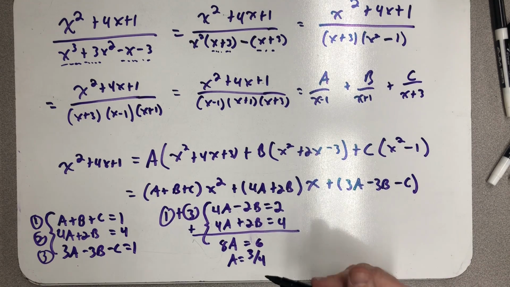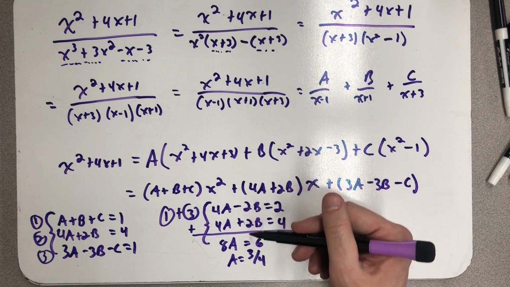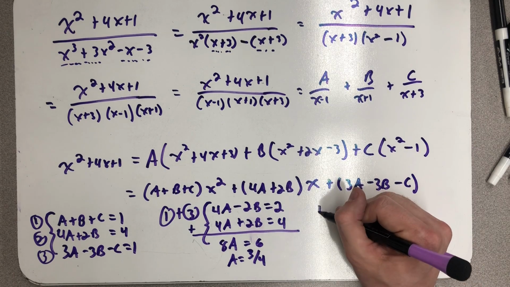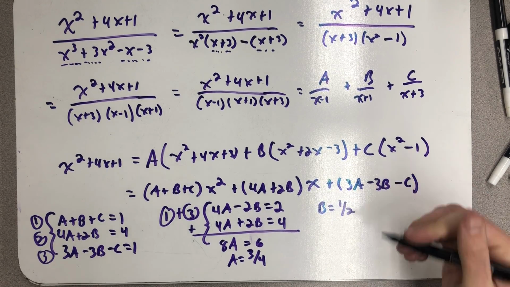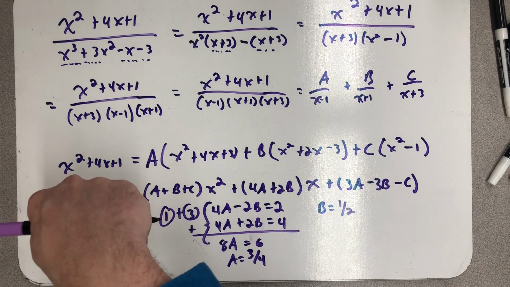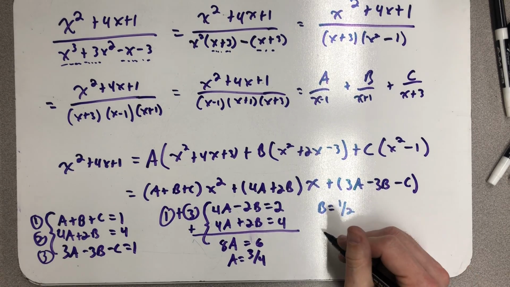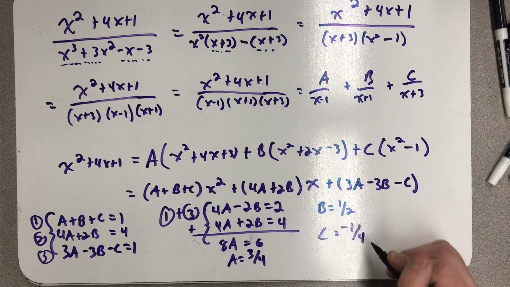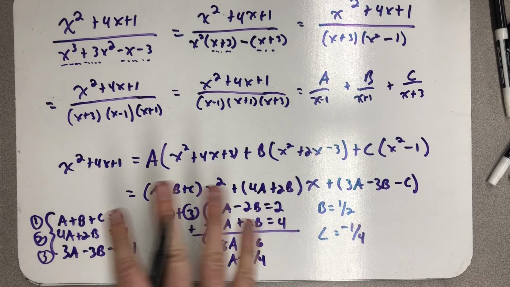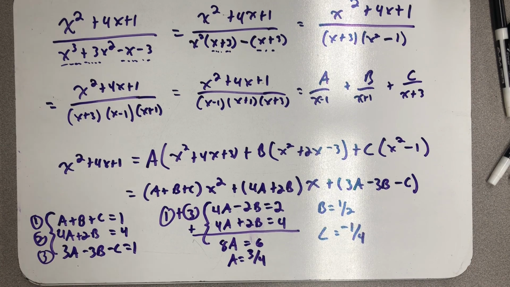Now that I know what A is, I can plug it back into either one of these equations to find B. And very quickly, you would find that B is equal to 1/2. Having values for A and B, you can plug them into this first equation to very quickly find out that C is minus 1/4. And I invite y'all to go on and show the work there and fill in the missing details.